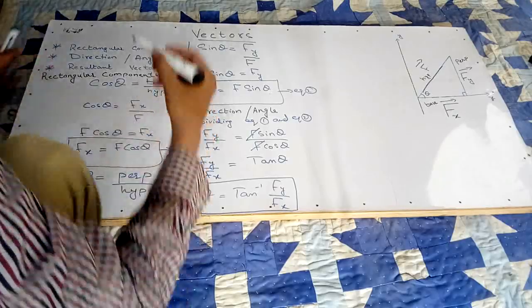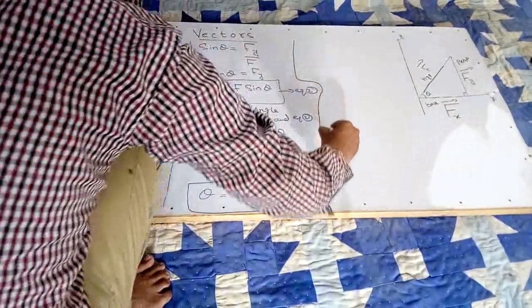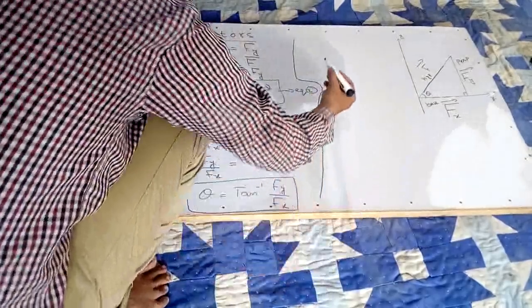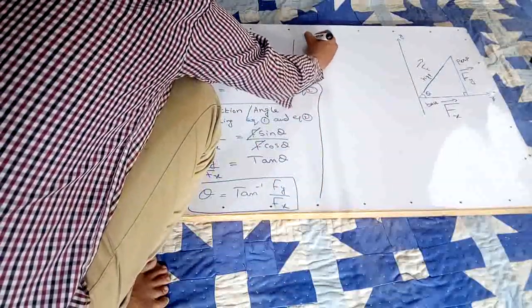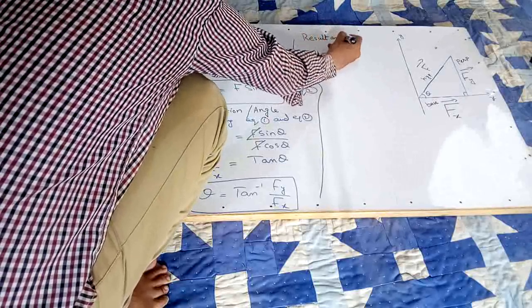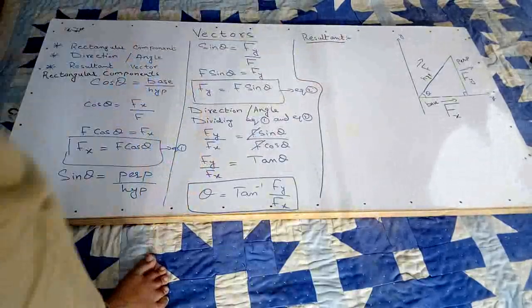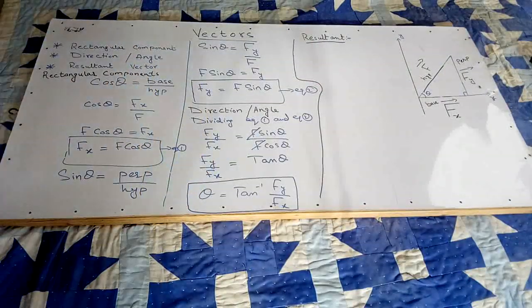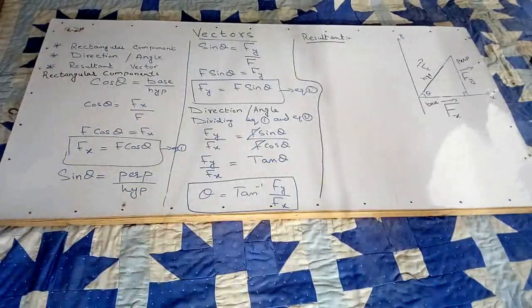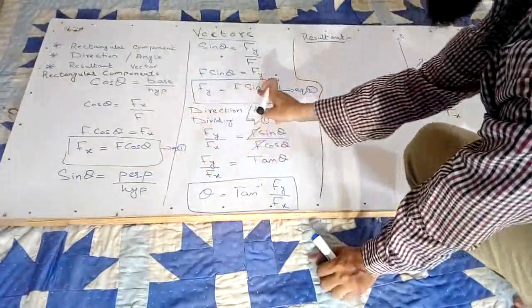Now the third parameter is our resultant. Now we see how we calculate the resultant. This is our equation 1 and this is our equation 2.